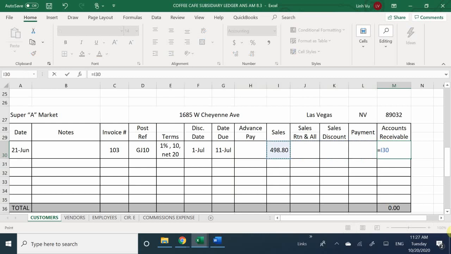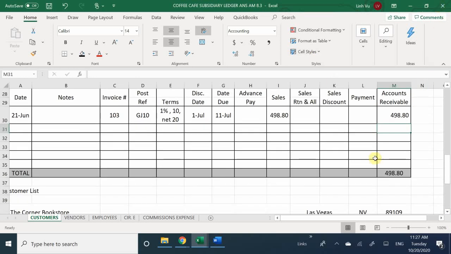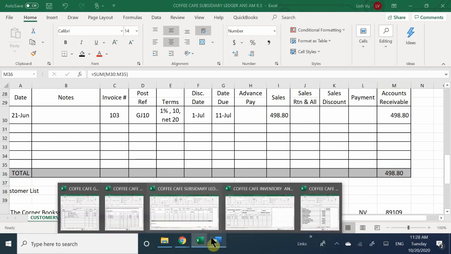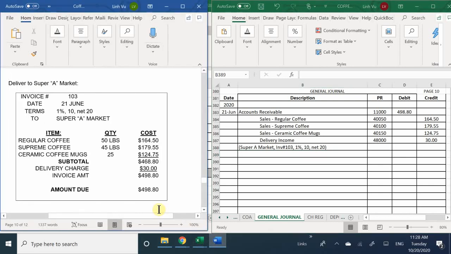Equals my sales, minus advance pay, minus return sales, minus discount, minus payment, to give me a grand total of $498.80, which should give me a grand total at the bottom of $498.80. Okay. What is next?